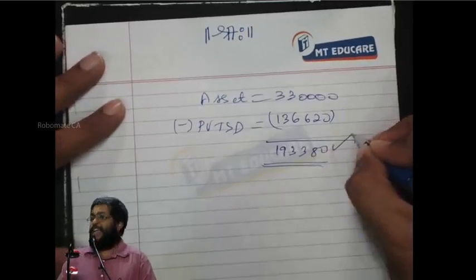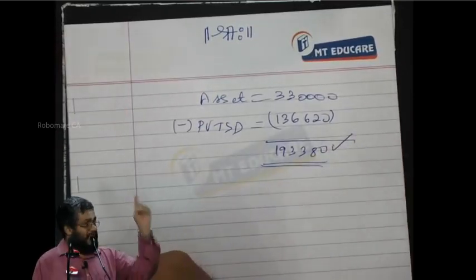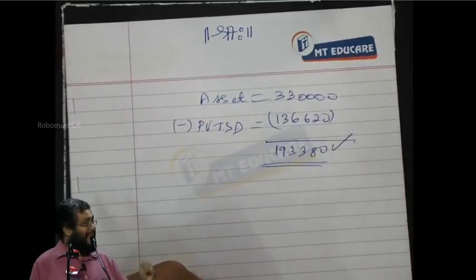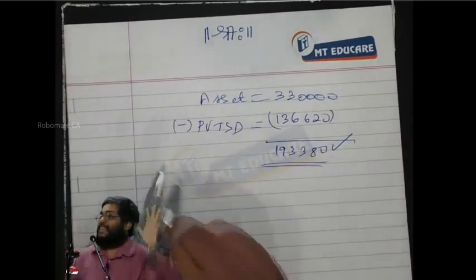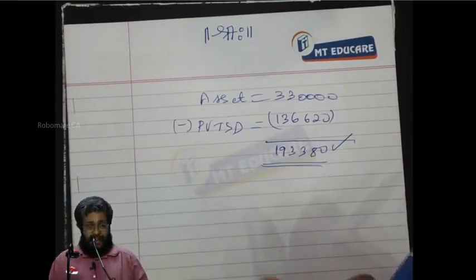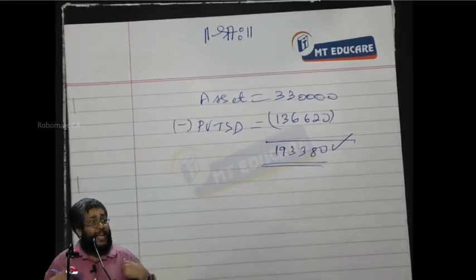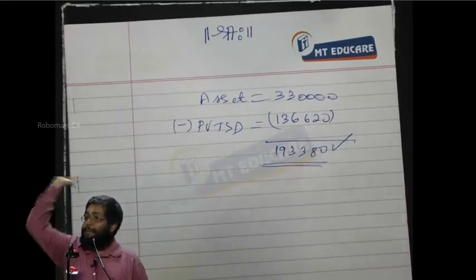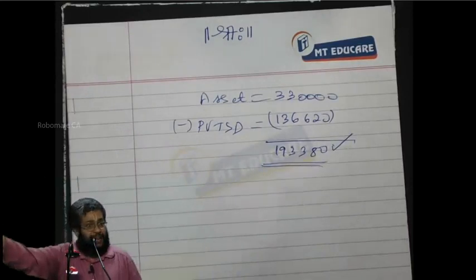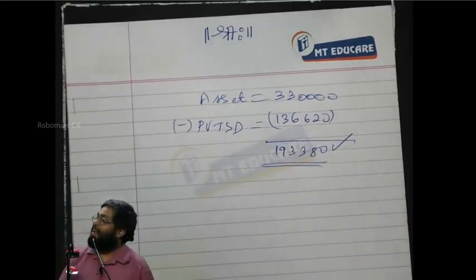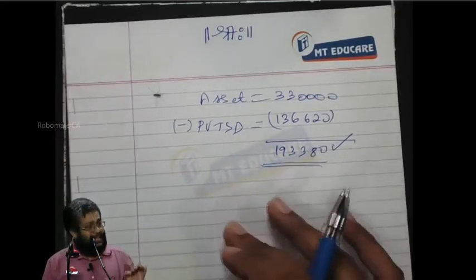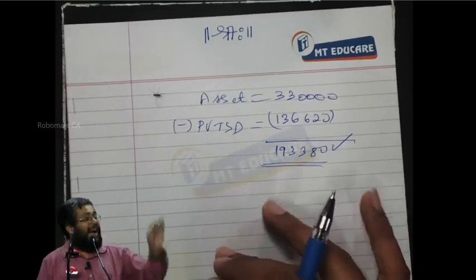This money can be recovered only after the lease rental pays the government its tax, and after the lease rental gives me 8% interest. I should recover the principal after paying interest, after paying tax.